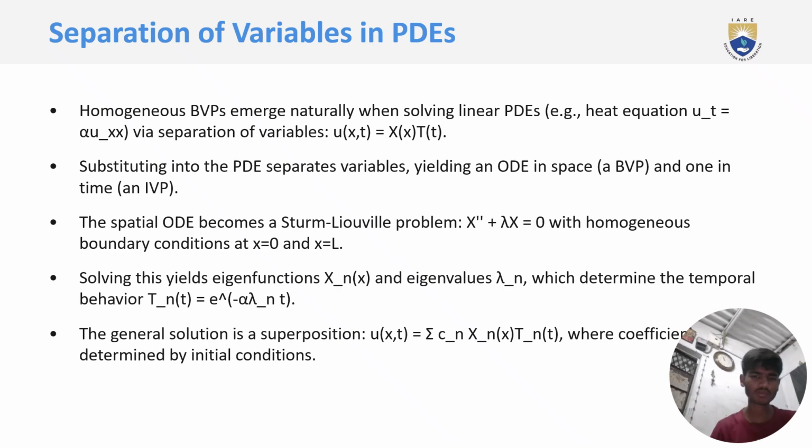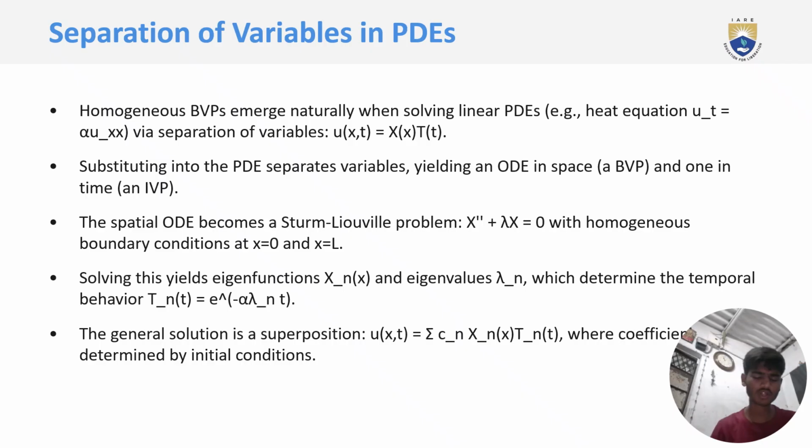Separation of variables in partial differential equations. Homogeneous BVPs emerge naturally when solving linear partial differential equations via separation of variables. Substituting into the partial differential equation separates variables, yielding an ordinary differential equation in space and one in time.